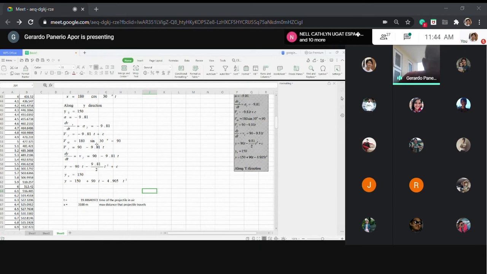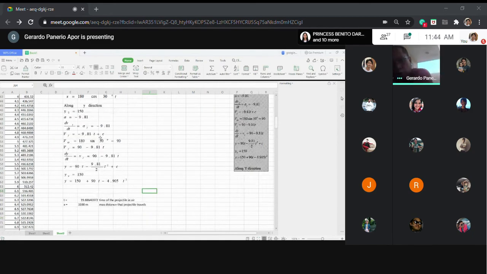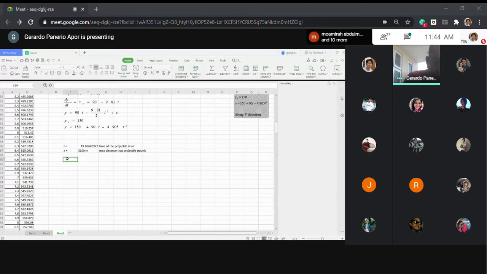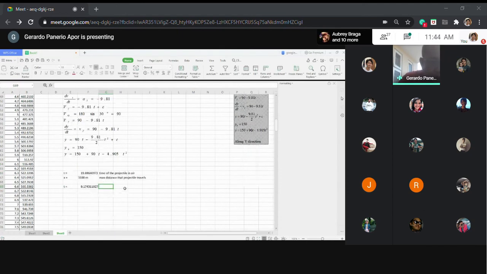So if we are going to determine that, we just set 0 equals Vy, and then the time is 90 divided by 9.81. So that is the time, 9.17. So the projectile reaches maximum height.